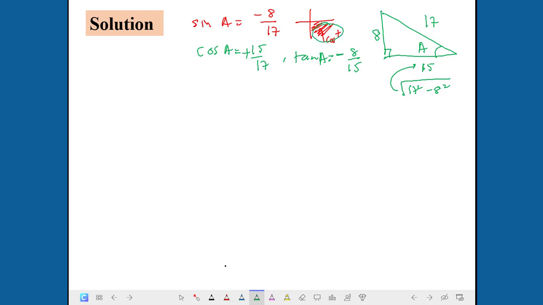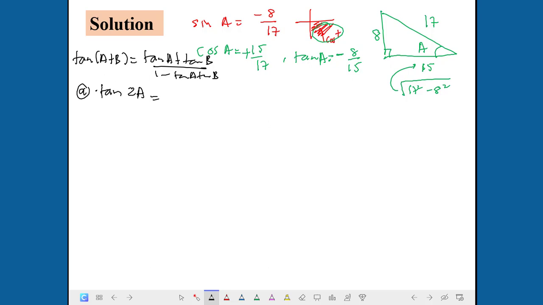Okay, now we're going to find tangent 2A. From the compound formula, tangent of A plus B is equal to tangent A plus tangent B over 1 minus tangent A tangent B, right?